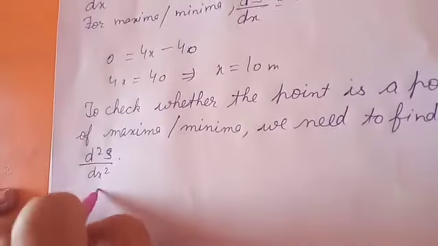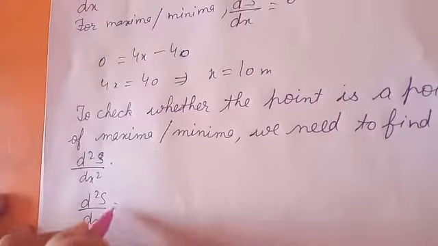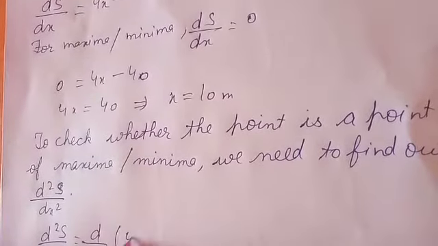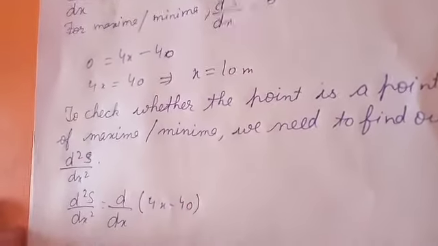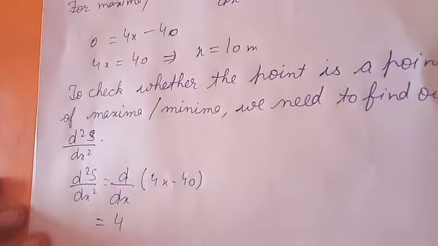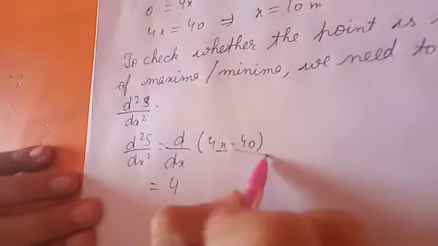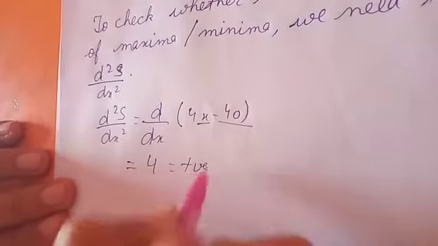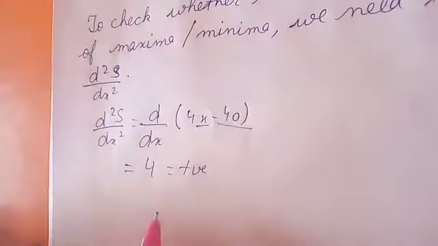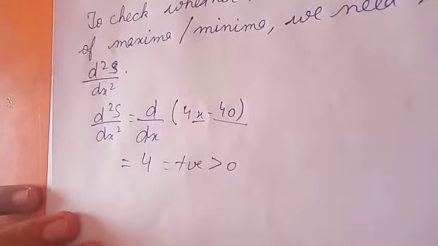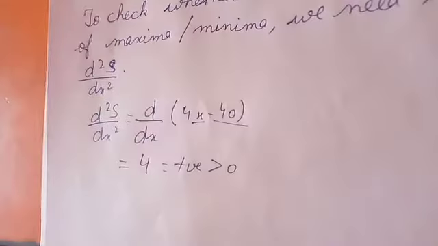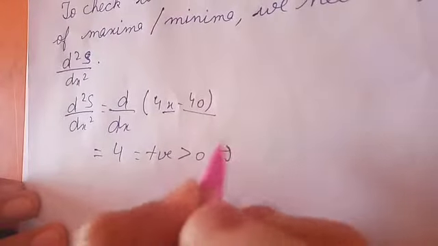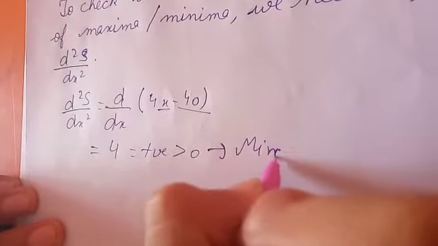So our double derivative d square S by dx square will be equal to d by dx of first derivative, and that was 4x minus 40, and it is equal to again 4, because of x will be 1 and of minus 40, as it is constant, it becomes 0. So it is again positive, greater than 0. And we know that whenever our double derivative is greater than 0, then we have a point of minima there.